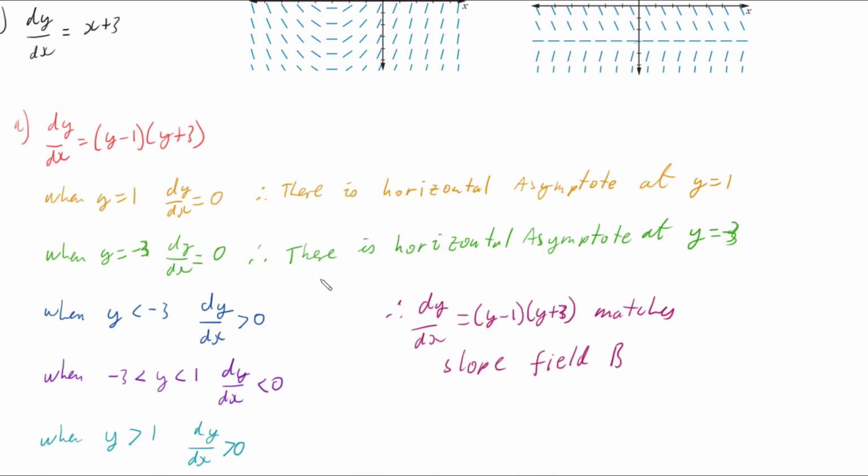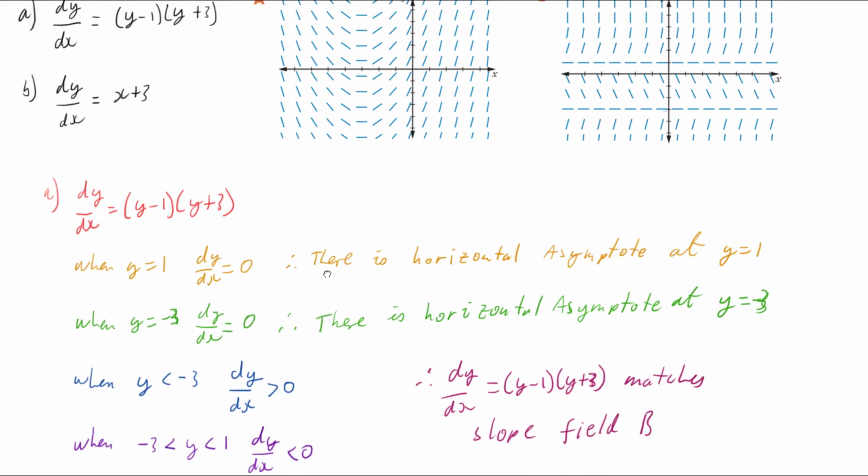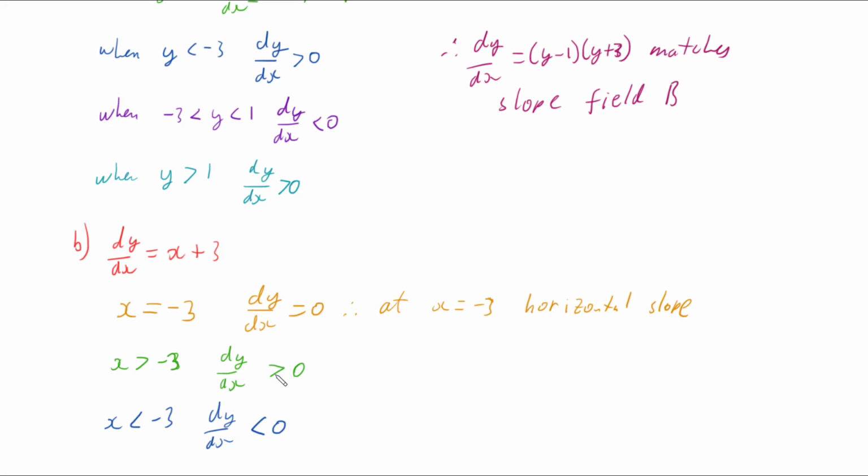So if we look at our graph, I want at x equals negative 3 to always have slopes of 0, which I do. x equals negative 3 has lots of slopes of 0. And as I get higher x values, I'm going to be increasing my slope, because as x was bigger than negative 3, my slope increased. It was bigger than 0.